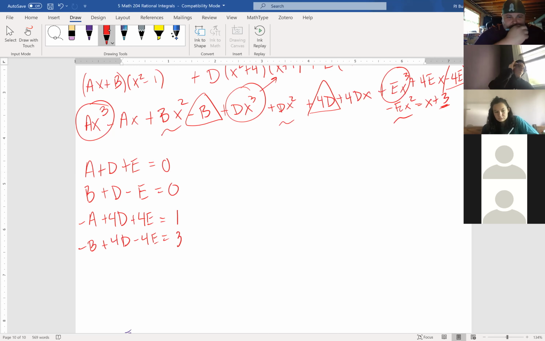All right, so now can we get these down even further? Looks like if we add these two and these two, we can get down to 3 variables.